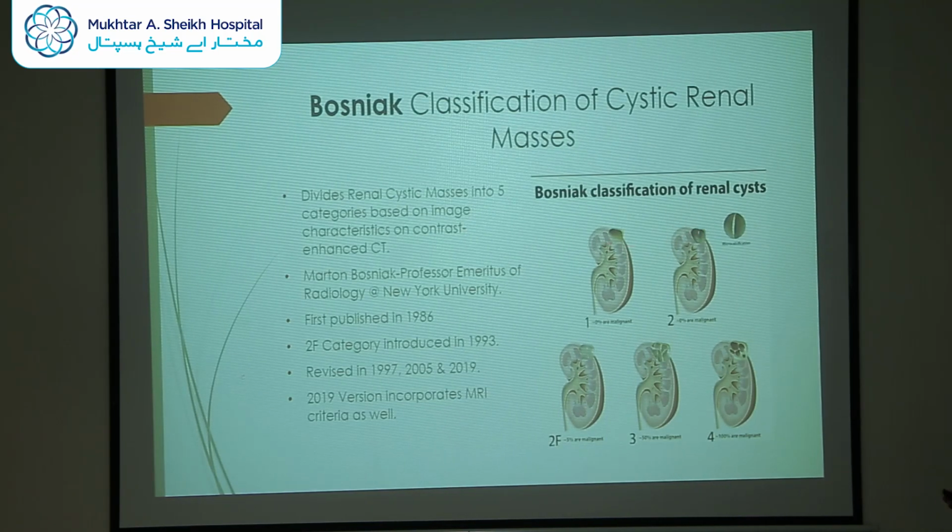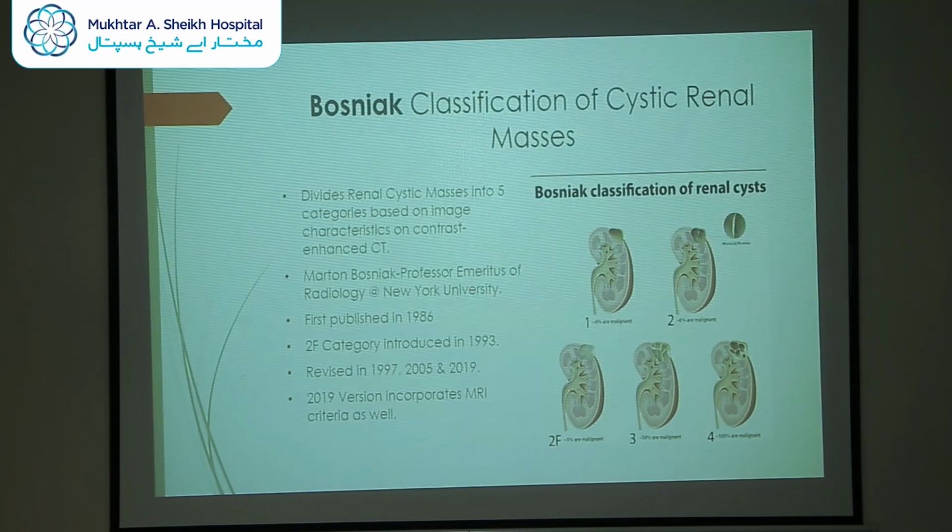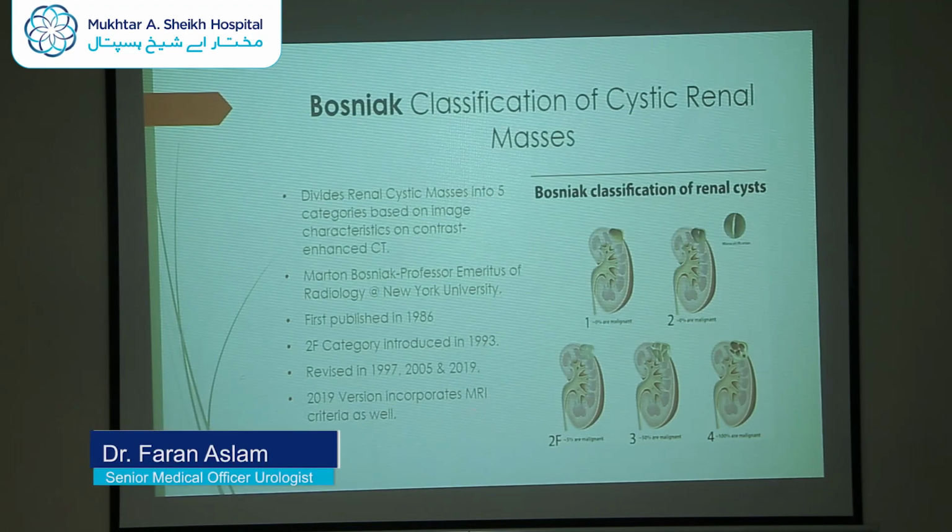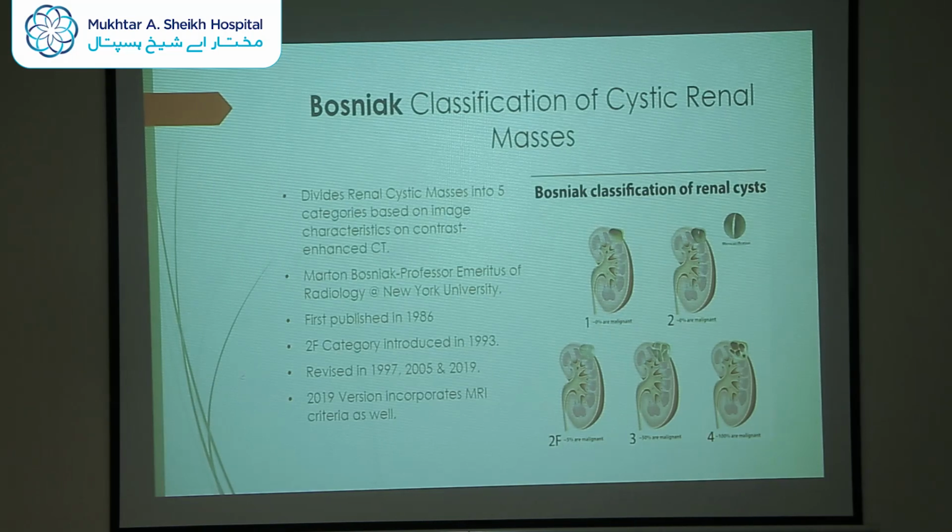This is stage 2, showing septations with clear fluid and regular margins, confined to the renal cortex, with no communication with the pelvis. Then stage 2F; F basically means follow-up. We keep the patient on follow-up, so this stage is named 2F.